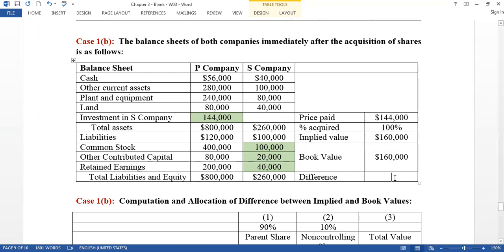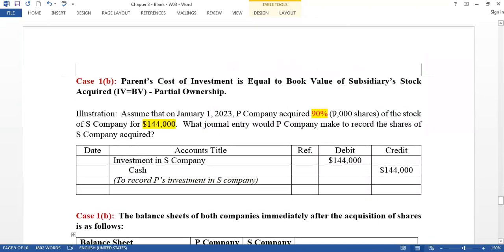But what is the difference between case A and B? If we have less than 100%, we must establish non-controlling interest.